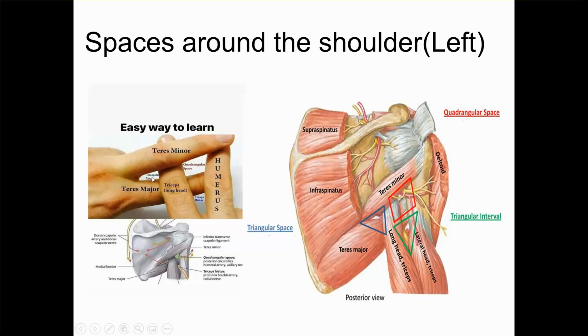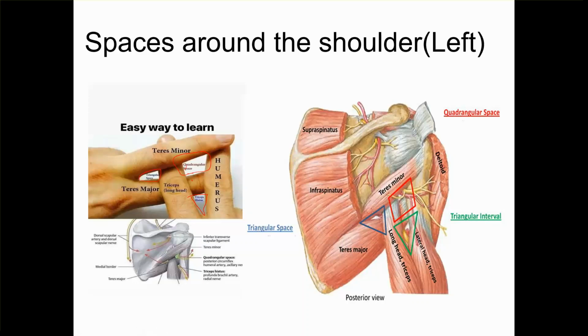Now you can see three spaces over here. This is the quadrangular space, this will be the upper triangular space and this is the lower triangular space. Now this belongs to the right side.